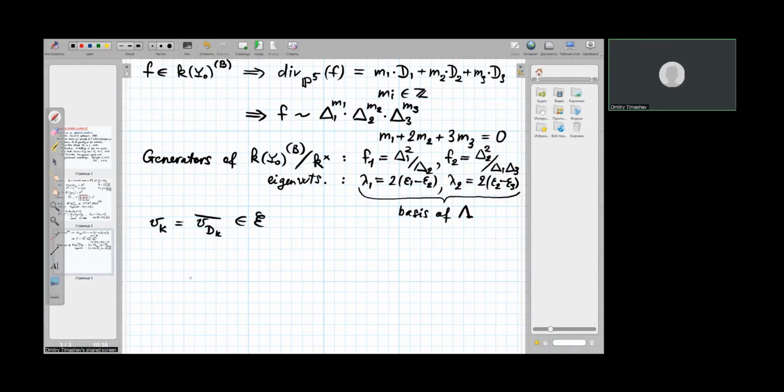So how do I do it? The vector vk is defined by the following condition. Its pairing with lambda 1 and lambda 2 is equal to the vanishing orders of f1 or respectively f2 along the divisor dk.